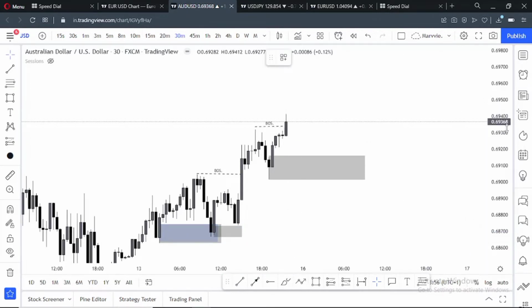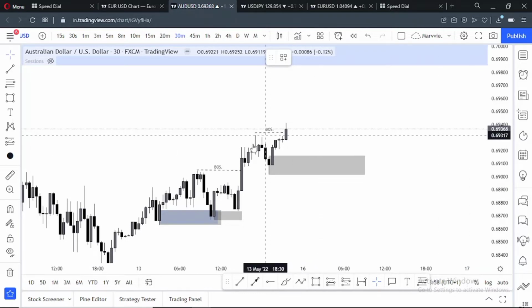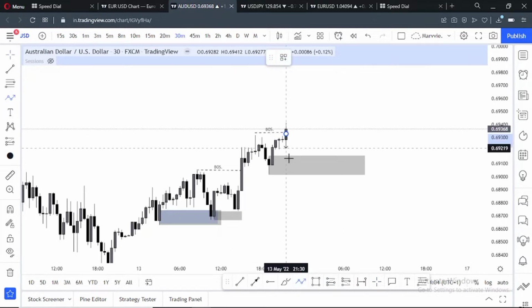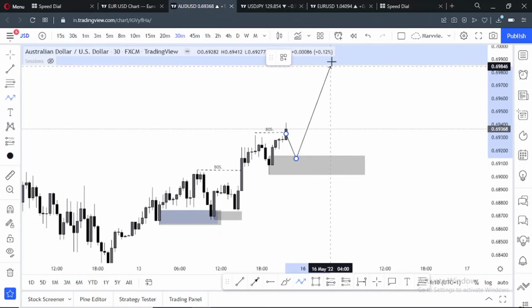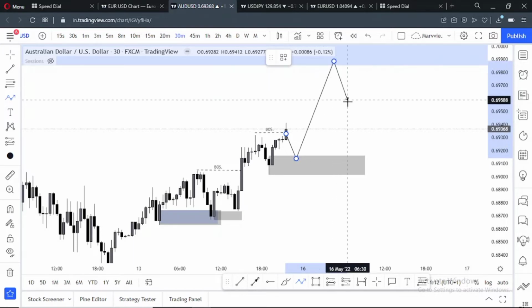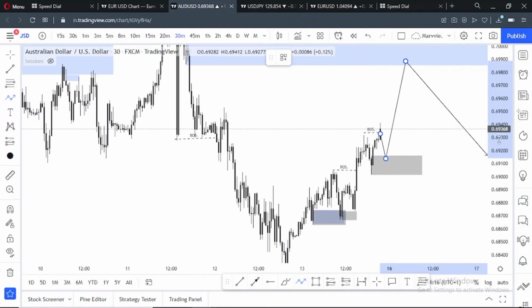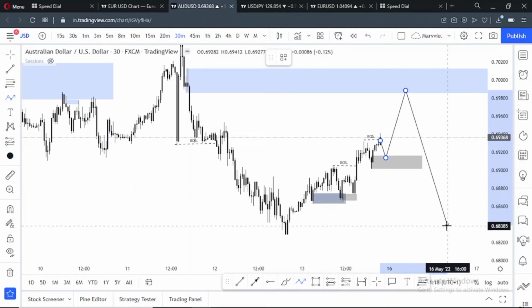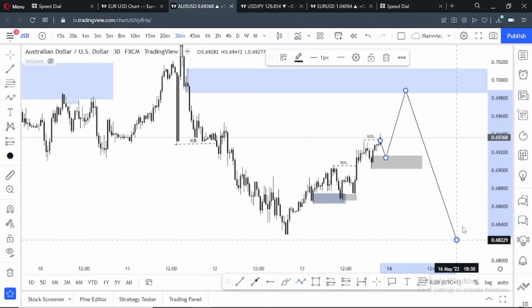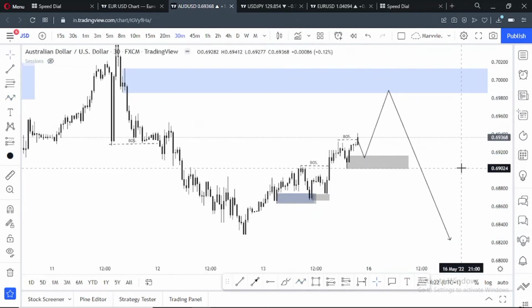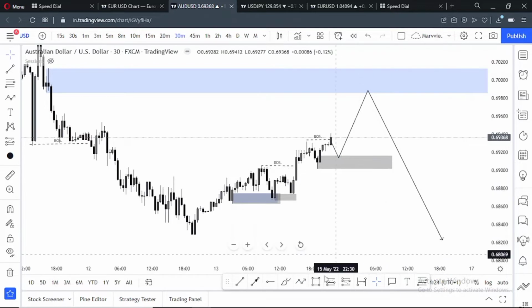So we can expect something like this on AUDUSD. You can expect a pullback to this demand, then maybe get a buy trade during London when the market opens, then maybe a new sell, and maybe a new lower low. Like I said, we can't actually predict what the market will do. We rather just react to what we are seeing. So this is my prediction on this pair.